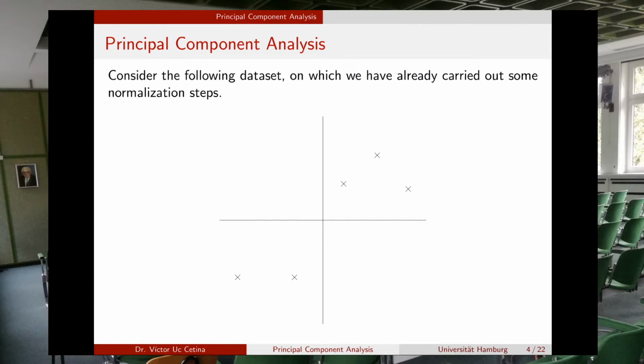So consider the following dataset, and this dataset, 5 points, has been already normalized.